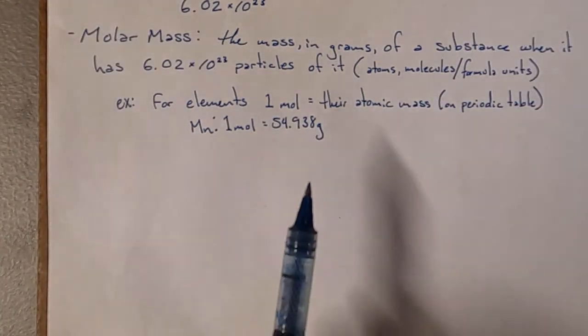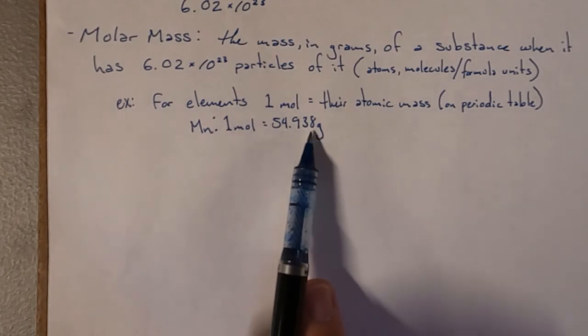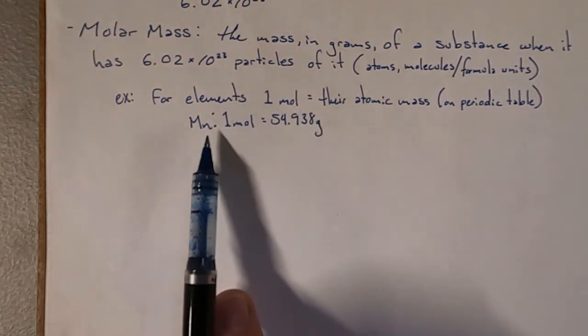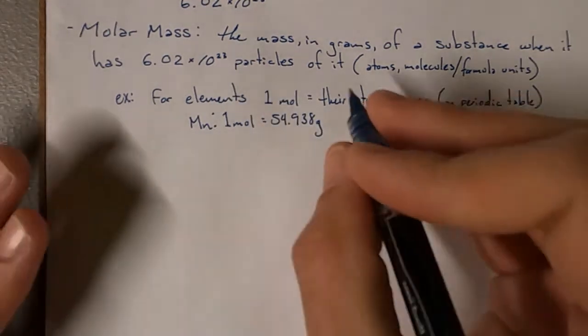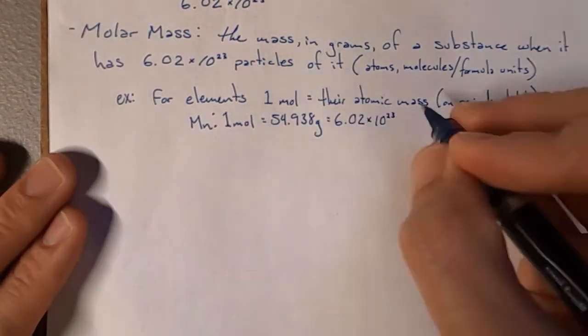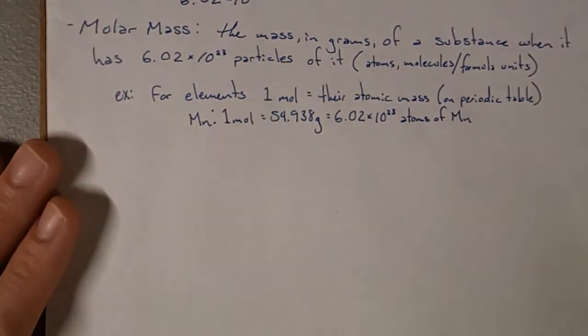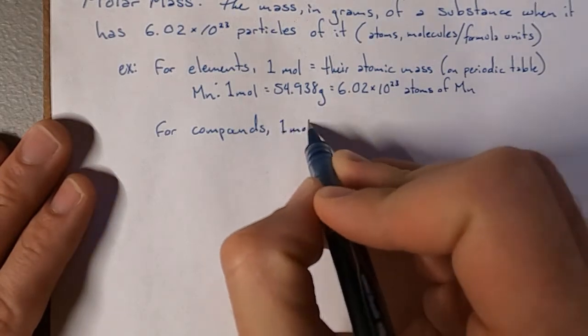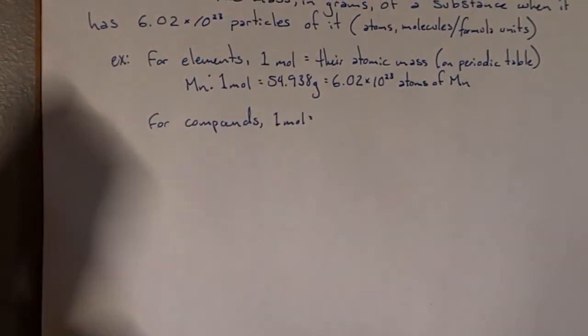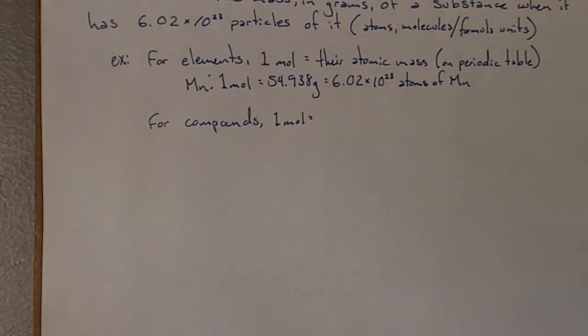And so that means that in 54.938 grams of manganese, there would be this many atoms of manganese. For compounds, though, because they contain atoms of more than one element, it is going to be the sum of the atoms in them will be their molar mass.